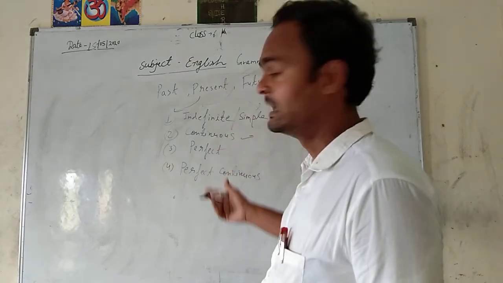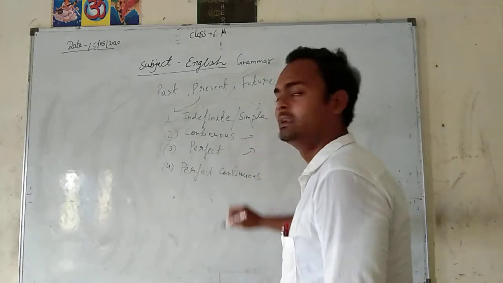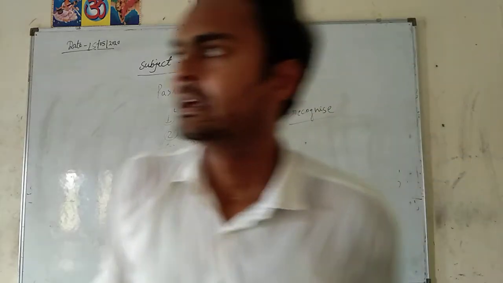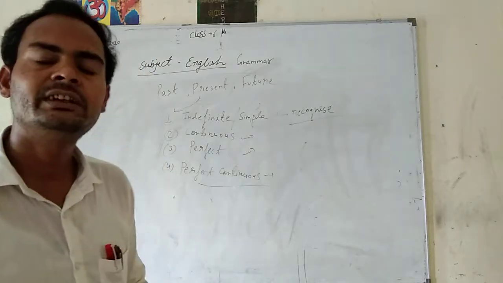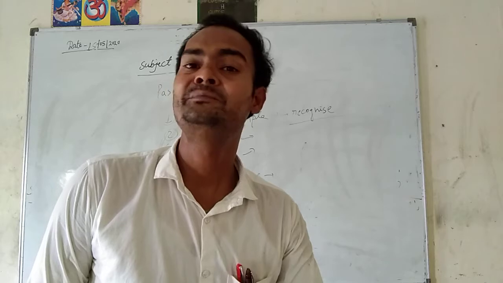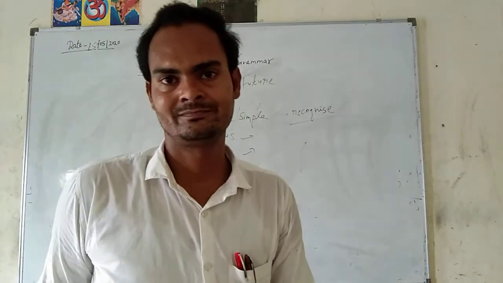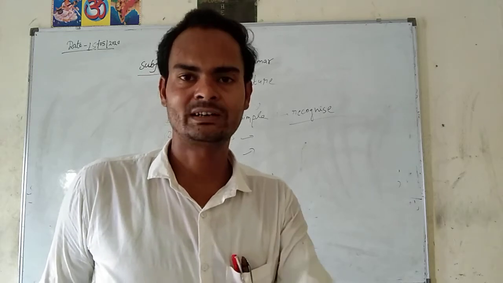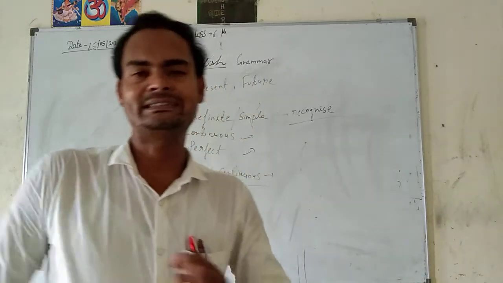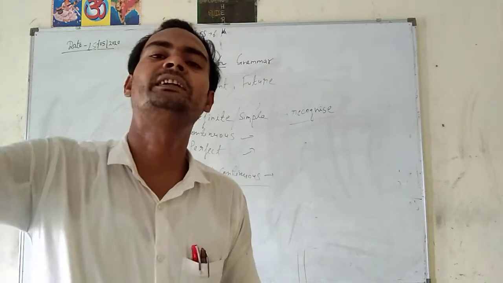Now we move on to perfect continuous. If we see the meaning of that word, continuous means continuously processing something, and perfect means completed or fully completed. So in perfect continuous, the incidents of present time are those in which some work has been completed and some work is running on. Only part of the full work has been completed, and some work is running on.